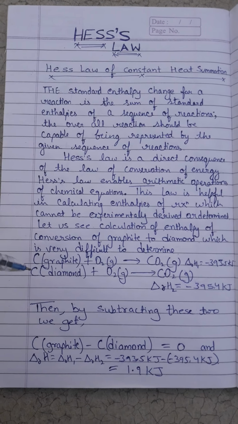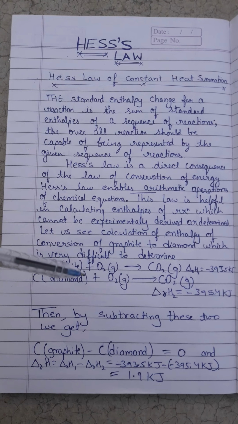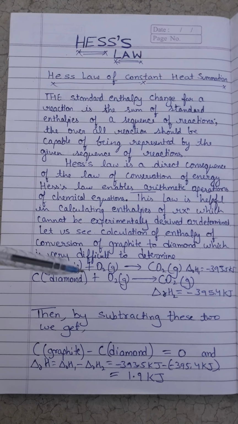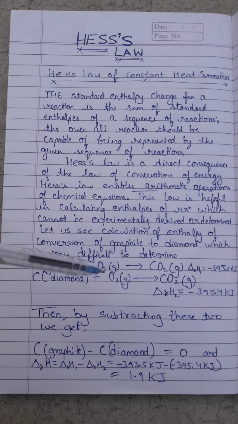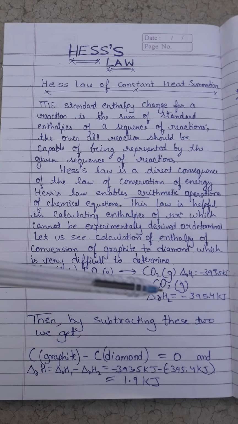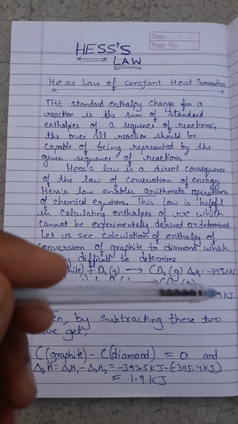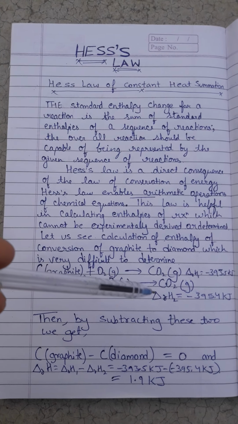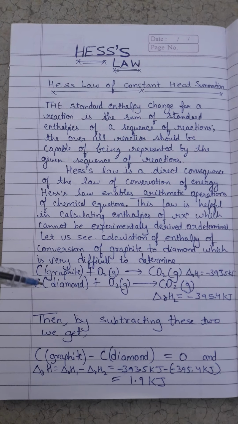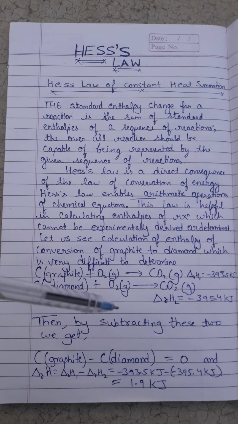Now, C diamond, meaning carbon in diamond form, plus O2 in gas form gives us CO2 in gas form, where delta rH2 is equal to minus 395.4 kilojoule, the standard enthalpy of conversion of diamond and oxygen into carbon dioxide.